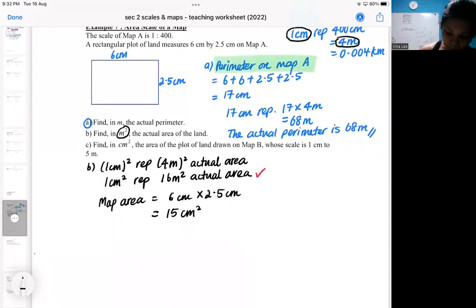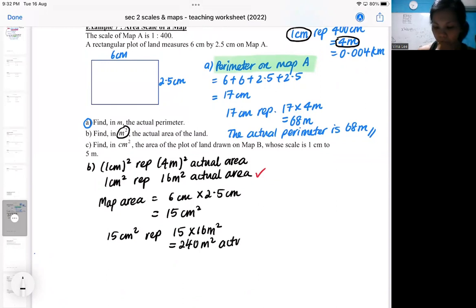From here, I know 15 centimeter square will represent 15 times 16 meters square. So the actual area, again, write a statement.